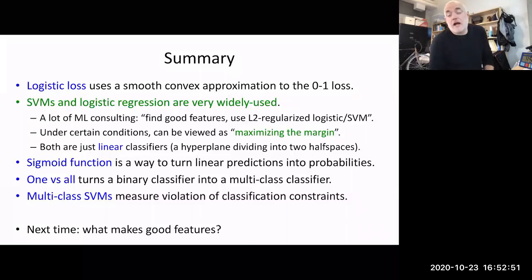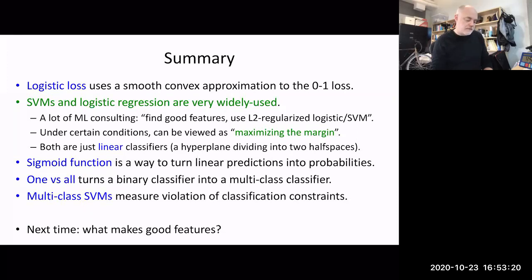We highlighted the idea that both of these methods, logistic regression and support vector machines, can be thought of as max margin techniques, and that's a lot of where they get their strength from. But they both are just linear classifiers, which divide space into two half spaces. You get slightly different parameter vectors for both of them. We introduced a sigmoid function.